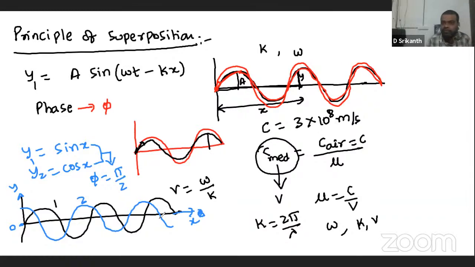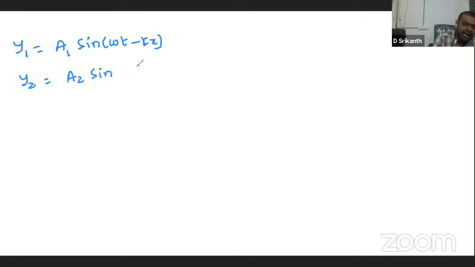Now, in the principle of superposition, we consider two waves with amplitudes A1 and A2. The two waves have the same angular frequency, and there is a phase difference phi between the two waves.